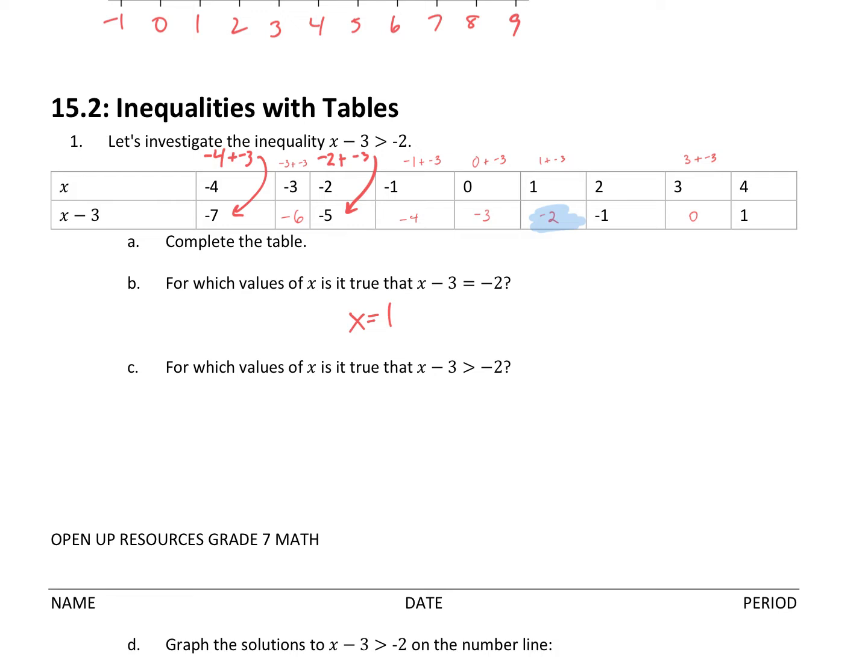I have to decide which side of the negative 2 shows me numbers that are greater. If I look at my table, I can see that my numbers are greater over here. As x gets bigger, so does x minus 3. So I know it's true for x equals 2, 3, and 4.